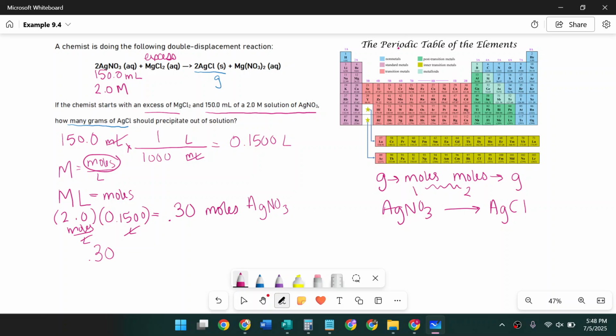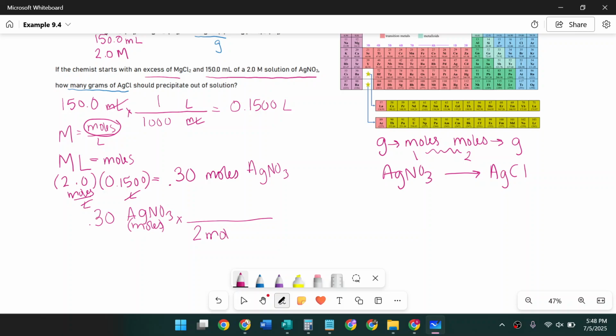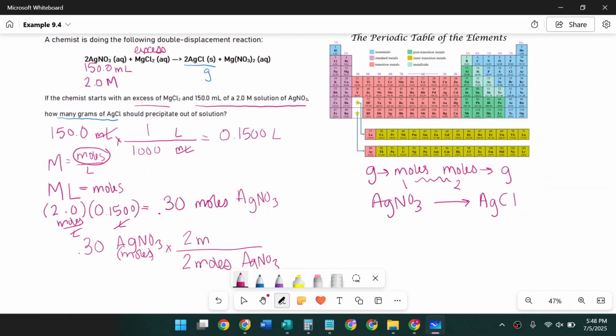And because we are using AgNO3, we can say that for every 2 moles of AgNO3, we get 2 moles of AgCl. And then we would cross out the things that are the same, and we would do this multiplication.